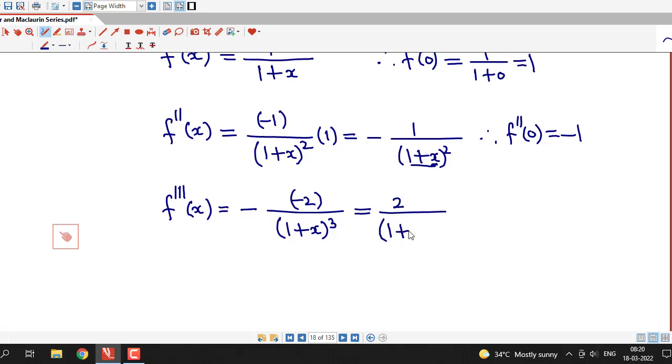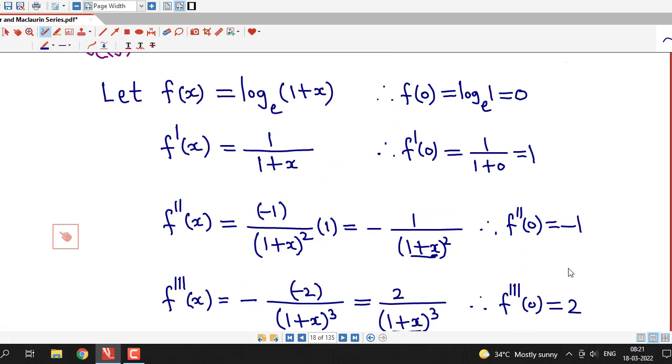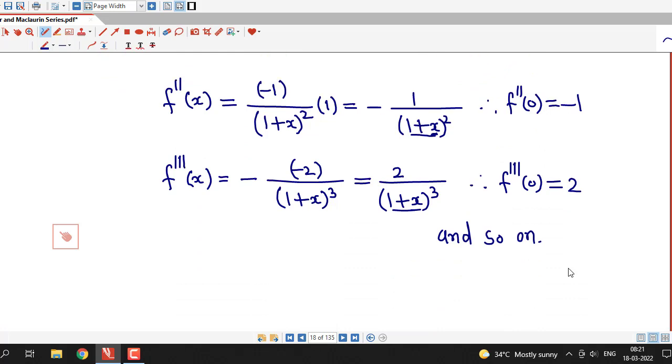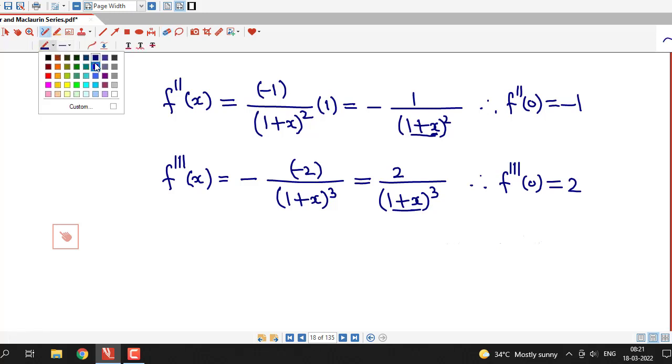So we have 2 divided by 1 plus x cube, and if we take x equal to 0, this denominator will be 1 plus 0 raised to 3, that is 1. So third derivative at 0 is 2, and so on. So this is enough. If we go up to third derivative, we will obtain 3 non-zero terms. So we can go for higher derivatives also to obtain the few non-zero terms.